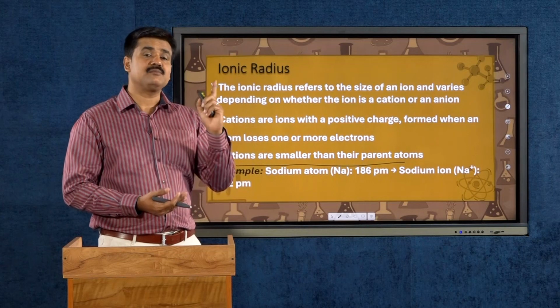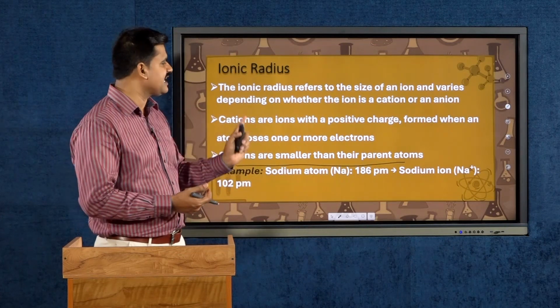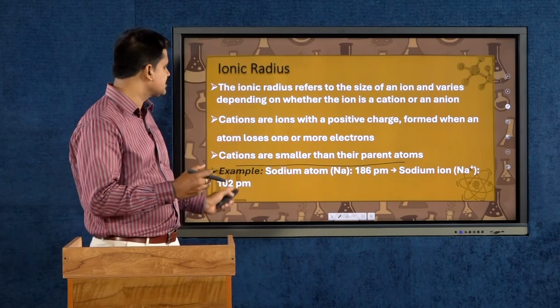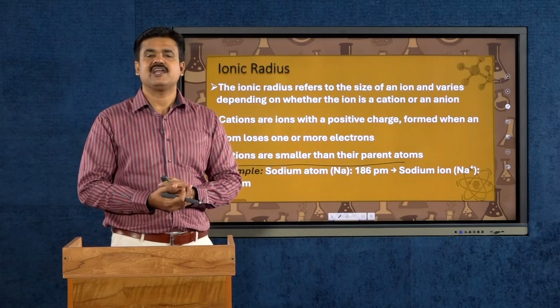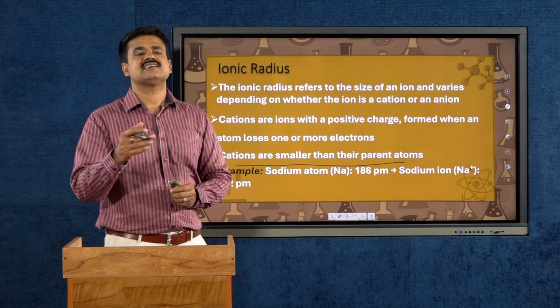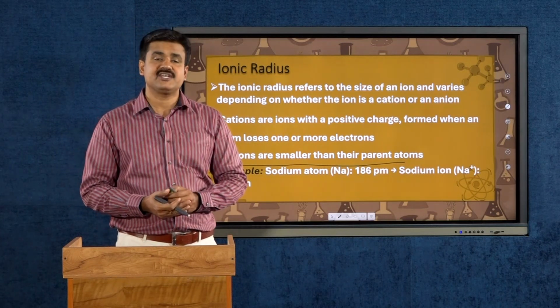When sodium atom loses one electron and is converted to Na plus ion, its cationic radius decreases to 102 picometer. See the difference. Sodium atom has atomic radius 186 picometer. Na plus cation has a very small size with 102 picometer as cationic radius.